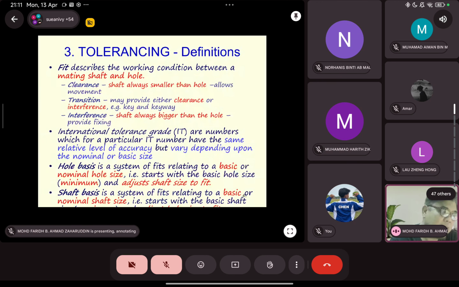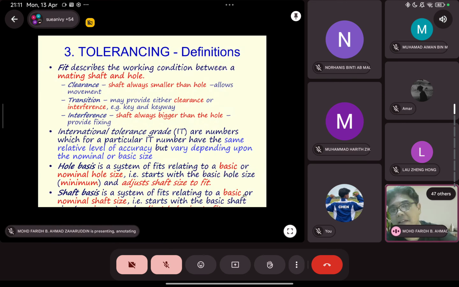Alright. Now, kita move. In tolerance, IT is an international tolerance grade. There are 16. IT1 to IT16. For this IT number, they have the same relative level of accuracy, but they vary, depending upon the nominal or basic size.